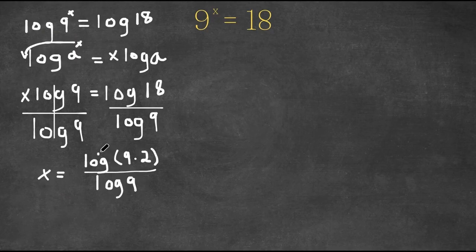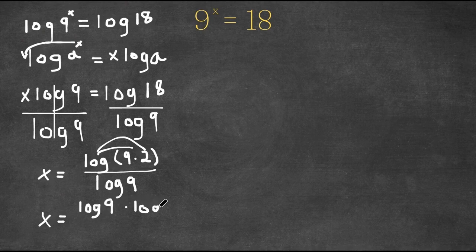And now if I distribute the log to both of these terms in the parentheses, I get x is equal to log 9 plus log 2, and we are still dividing this by log 9. And sorry, this is actually a plus.